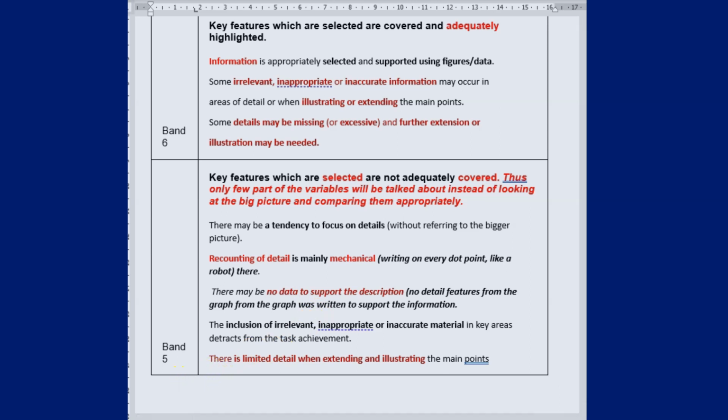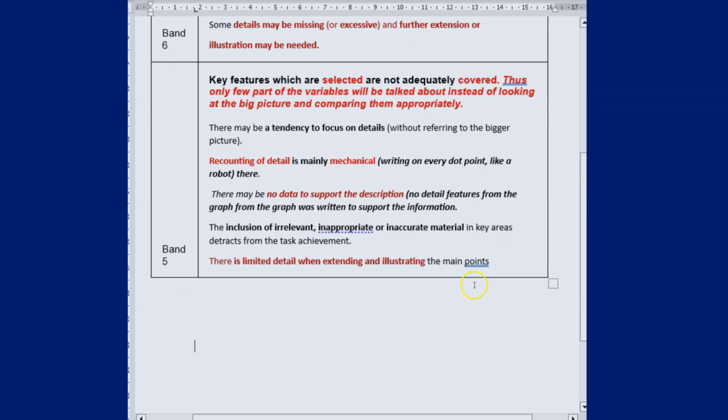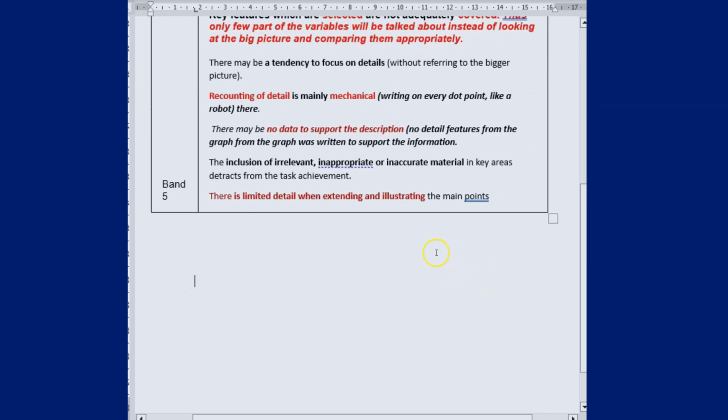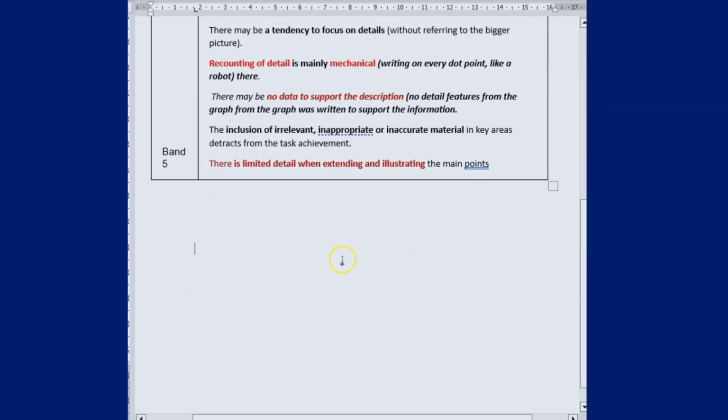All right, let's move on to what we have to do now. Now that we have been able to get every point that we need, let's look at what we have to do. For you to successfully address the task that you are writing about, you have to describe the key features in the visual diagram, and also use the data from the visual diagram to support the key features.